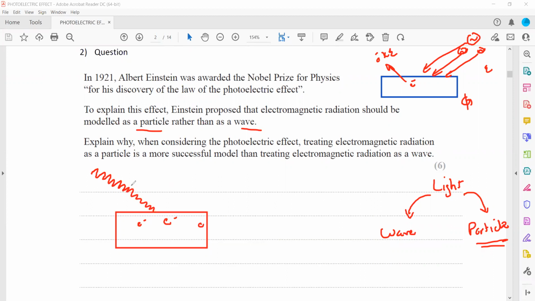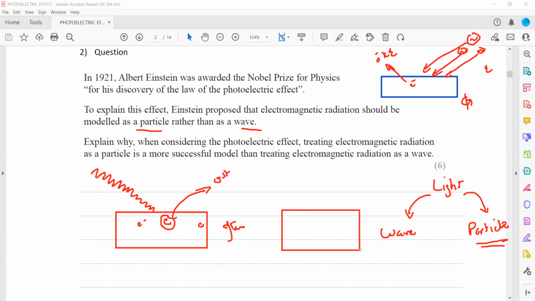Continuously the energy is coming to the metal surface. So a time should come when this electron absorbs energy, and after some time it will have a sufficient amount of energy and this electron should go out. But practically we don't find this. This does not happen.